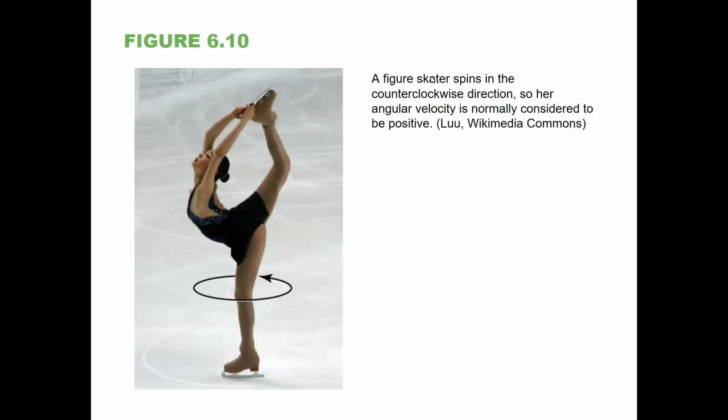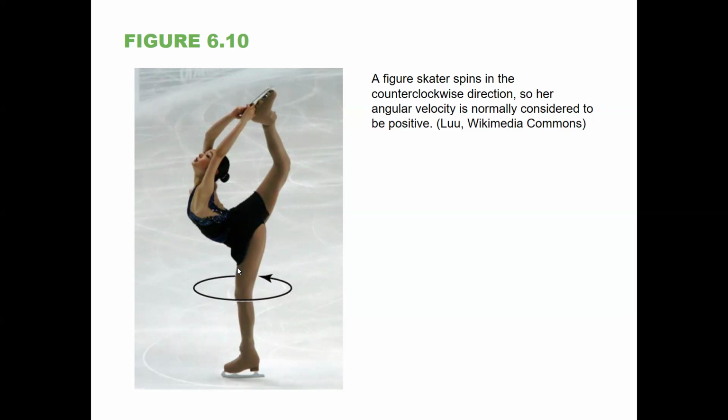Here the skater spins counterclockwise. Her angular velocity is normally considered to be positive. If you move counterclockwise, that's a positive velocity. If you move in a direction that is clockwise, that is known as the negative direction.